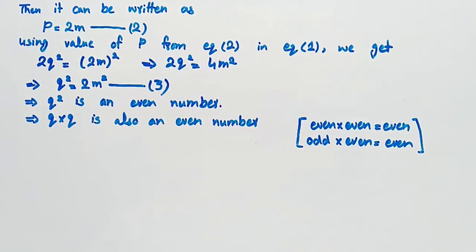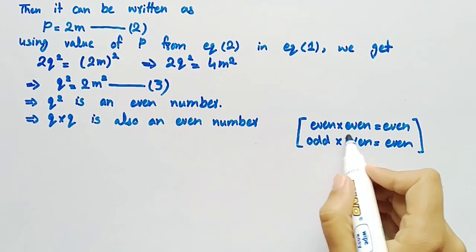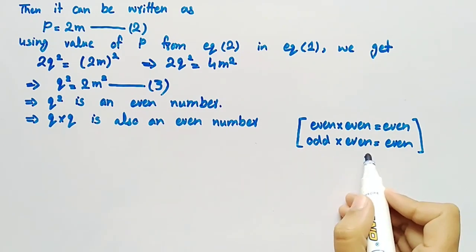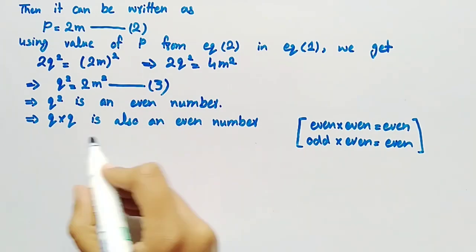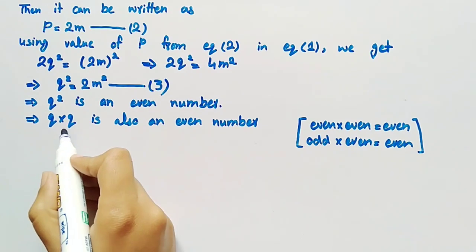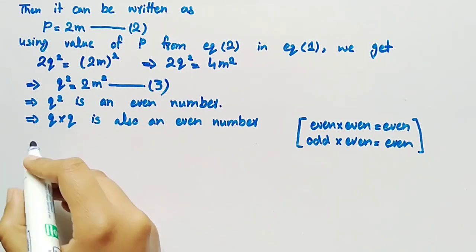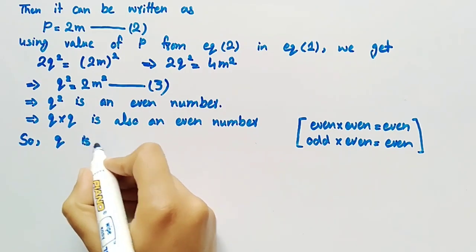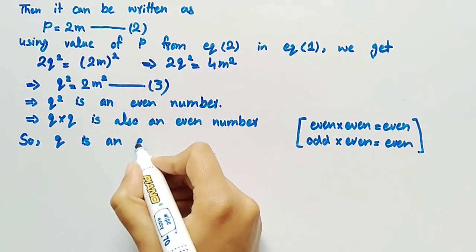Product of two numbers can only be even if both of the numbers are even or one of them is odd and the other is even. In this case, q is multiplied by q itself, so we can say that q is an even number.